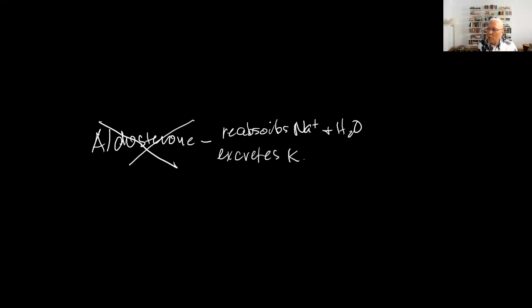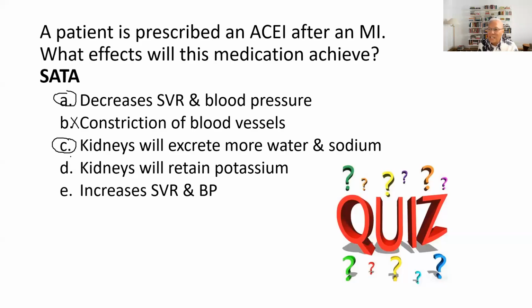One, it reabsorbs sodium and water, but it also excretes potassium. Okay, so if you stop this, what's going to happen? You're going to have excretion of sodium and water, and you will have reabsorption of potassium. So that's the reason why letter D is a correct response. So the correct answers are A, C, and D. And of course, letter E is the opposite of A, so we can eliminate that.